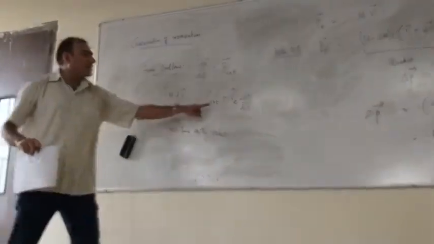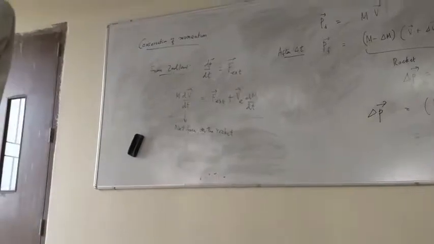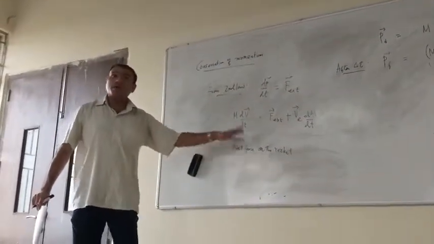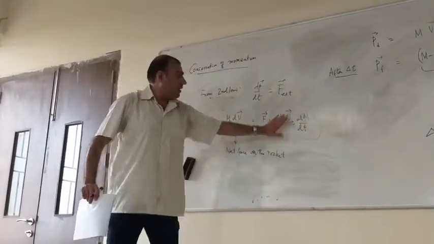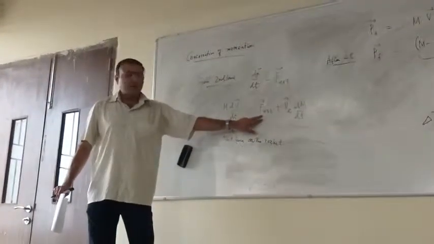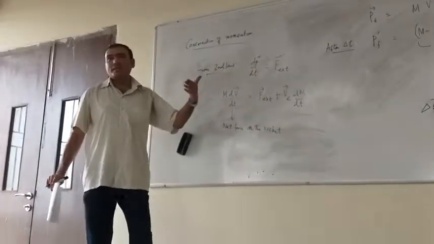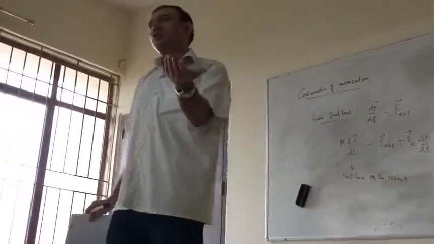Now what is this external force? This external force is basically the gravity force acting on the rocket. And this is the net force on the rocket because the fuel is burning. See, if nothing had been burning, then dm/dT would have been 0. Then the external force of gravity should have just been equal to m dV/dT. And dV/dT is nothing but g, because it's a gravity field, so it's m times g.